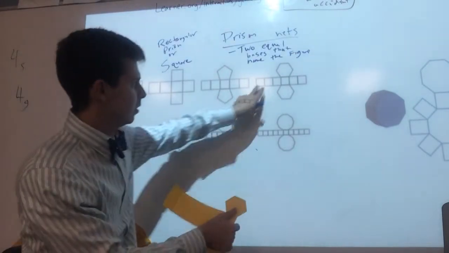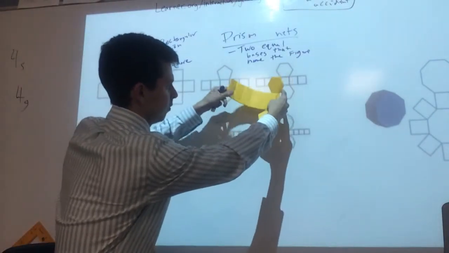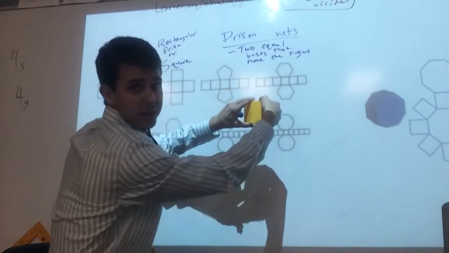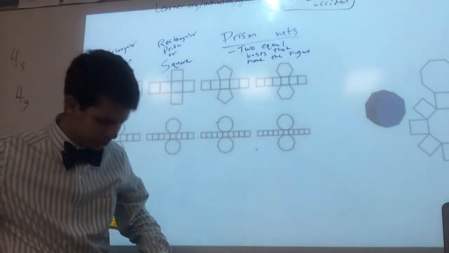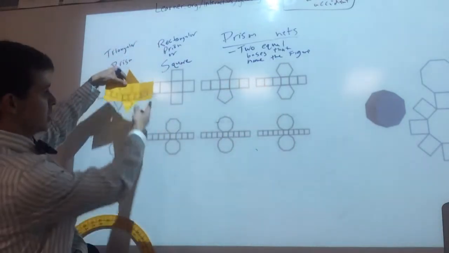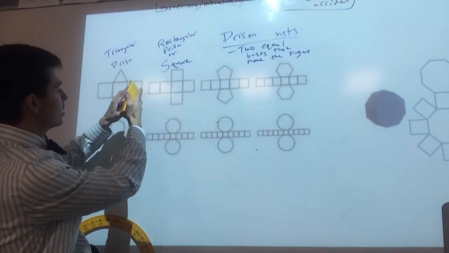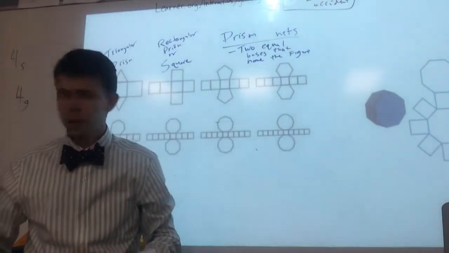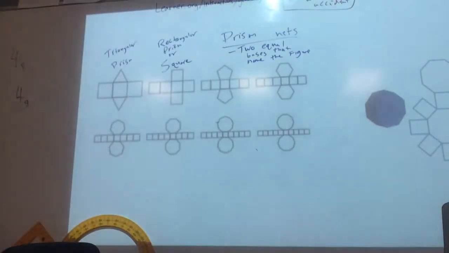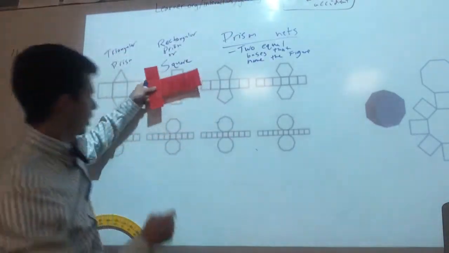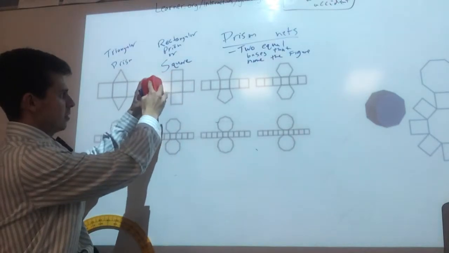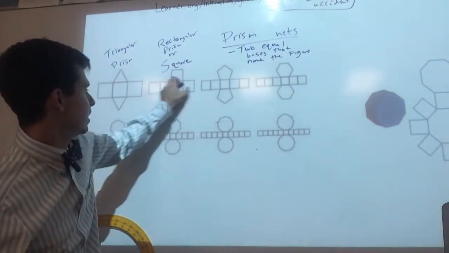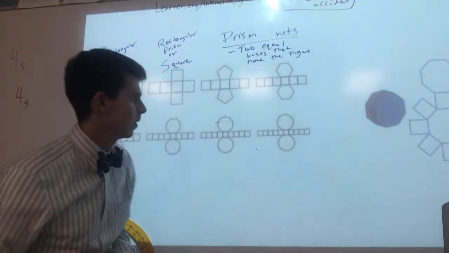The rectangles in the middle were just shifted over, but it will still wrap around and make that hexagonal prism. Here, these also wrap around, although there aren't quite as many, and they still make that prism. And I have one more, the rectangular one wraps around and makes the rectangular prism. So it actually doesn't matter where these rectangles are.